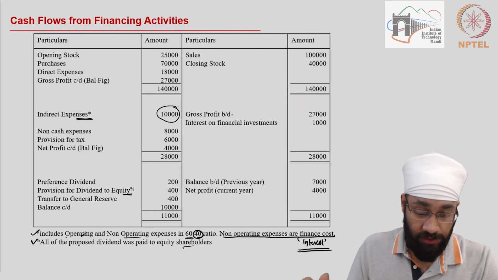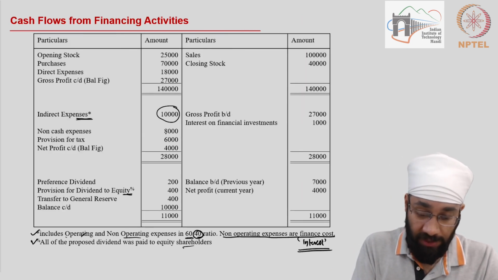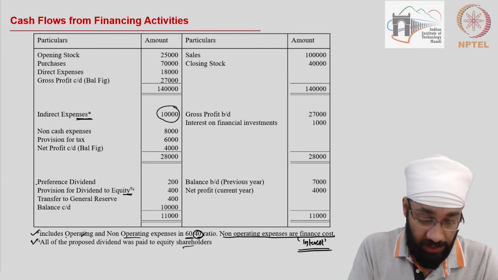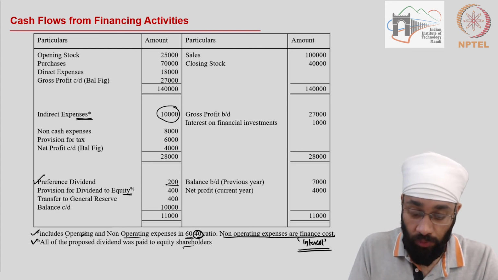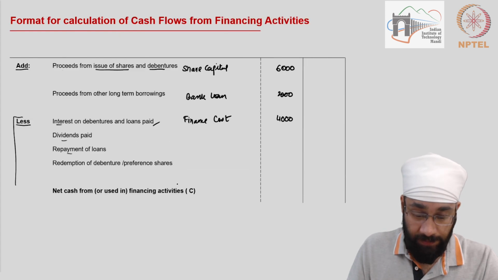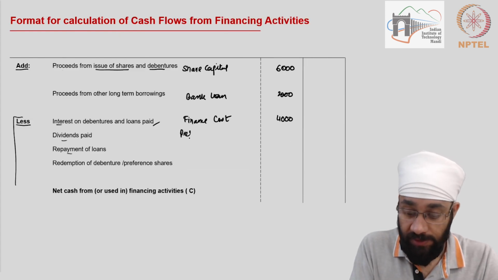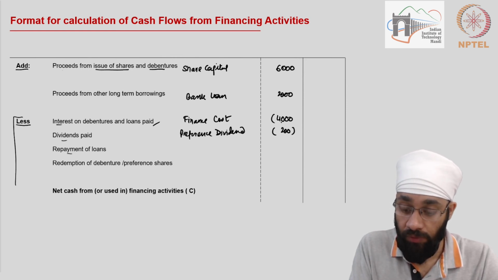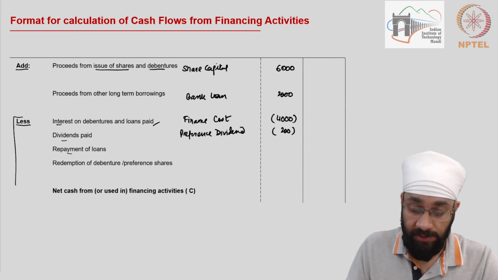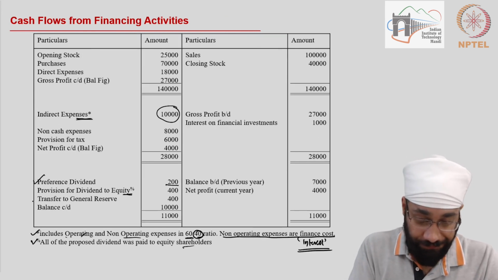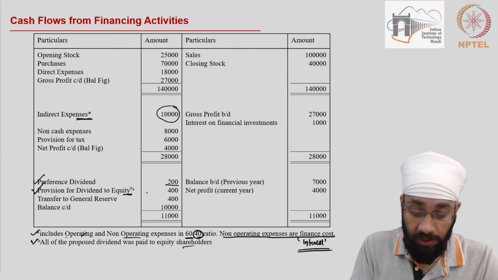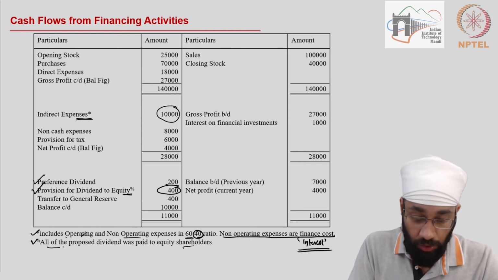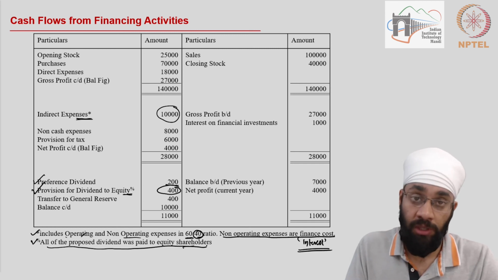Done. Let's go back. Then we are looking for any dividends paid, and there is preference dividend of 200. So preference dividend is 200, and these are outflows. So I'm going to put these in parenthesis. Then you have provision for dividend to equity shares 400, and all the proposed dividend was paid to the equity shareholders.